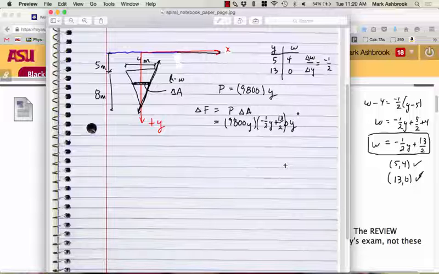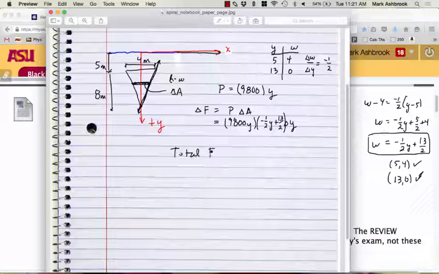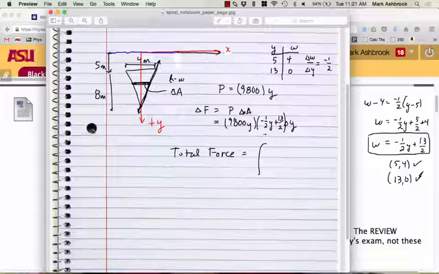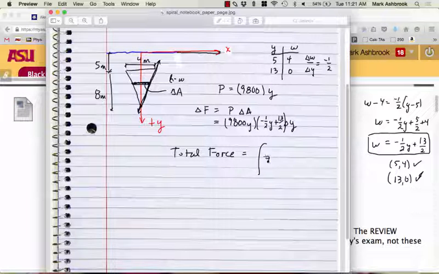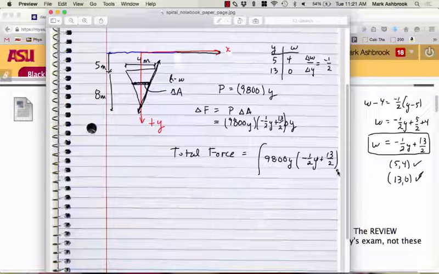So your depth goes from what to what? So the total force from 5 to 13 equals the sum of all the little bits of force, which is 9,800 y times negative 1/2 y plus 13/2, dy.